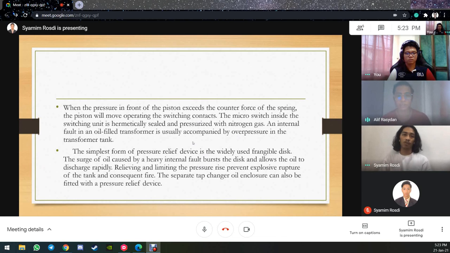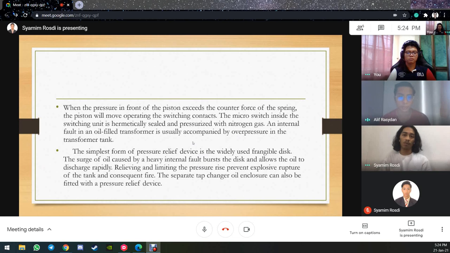The surge of oil caused by a heavy internal fault bursts the disc and allows the oil to discharge rapidly, relieving and limiting the pressure rise, preventing explosive rupture of the tank and consequent fire.